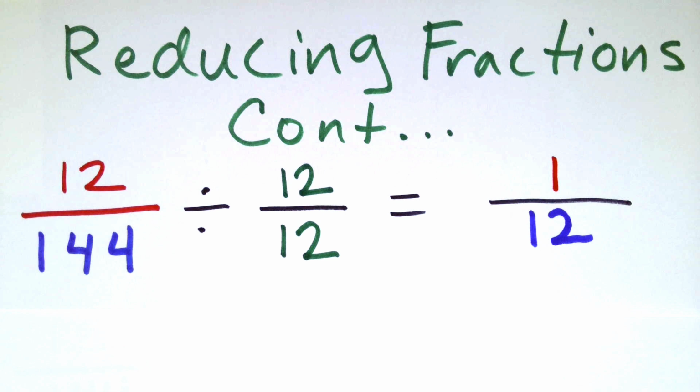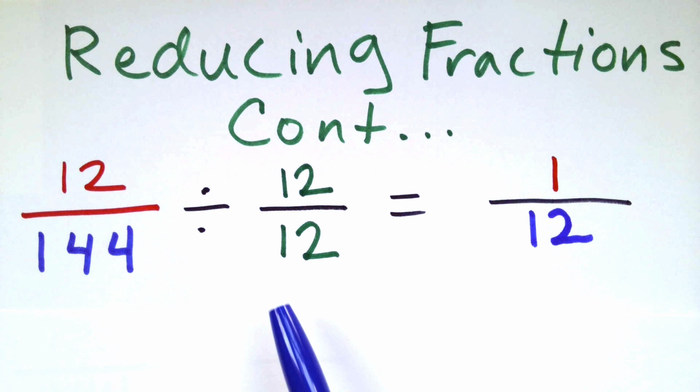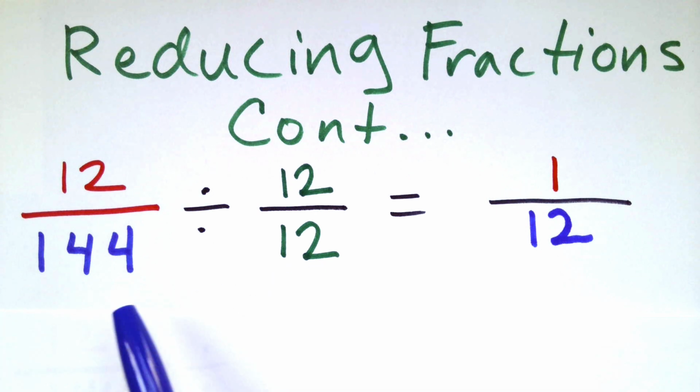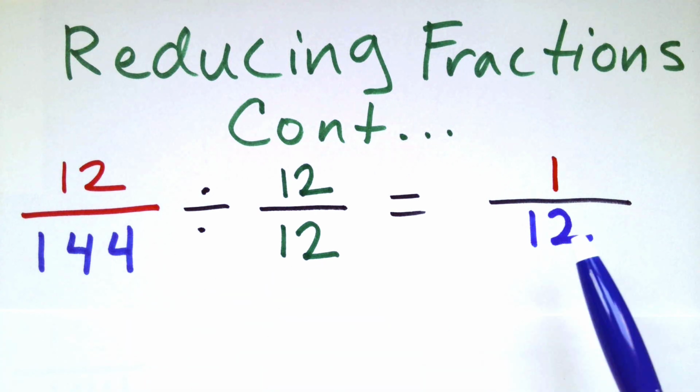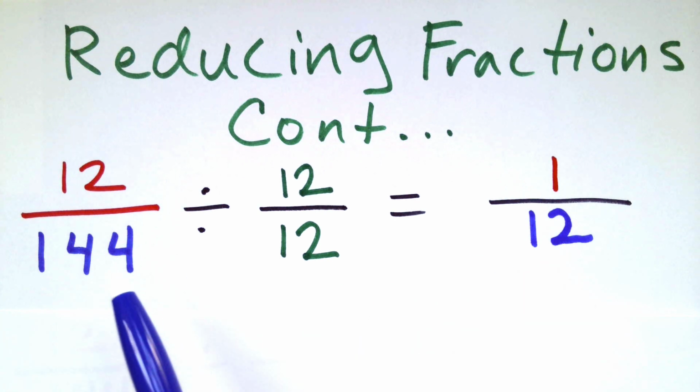Okay, so if you have a pretty strong background in math and you know your 12 by 12 multiplication tables, then you know that 12 divided by 12 is 1, and 144 divided by 12 is 12. Why? Because 12 times 12 is 144.